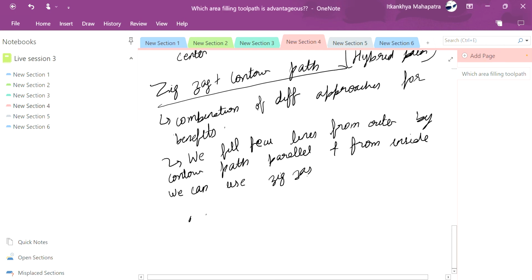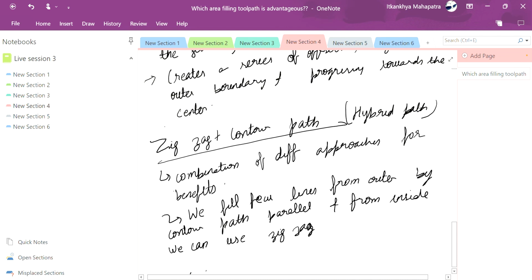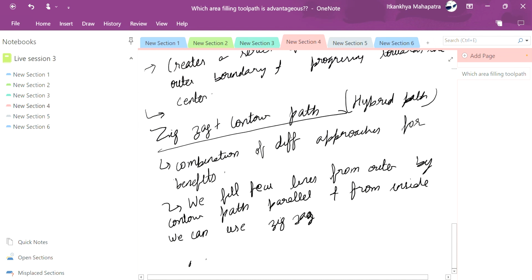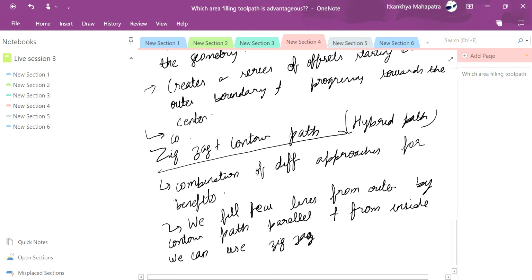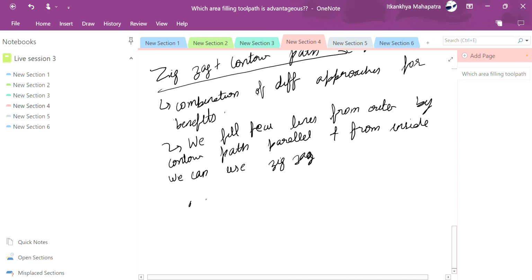Now why do we use contour parallel from outside and zigzag inside? Why do we not use contour parallel inside?